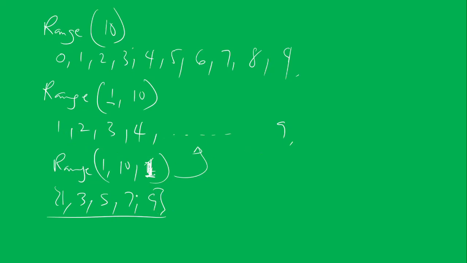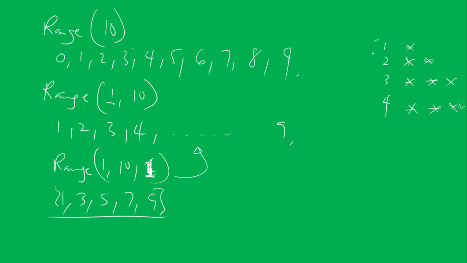So now, for the triangle, the first one is supposed to be 1, then 2, 3, and 4. Because you have 1 star, then 2 stars, 3 stars, and then 4 stars.